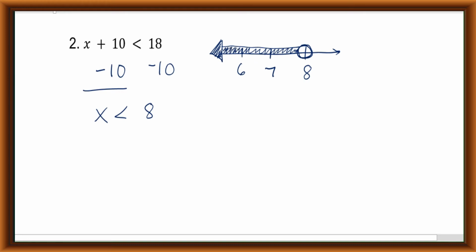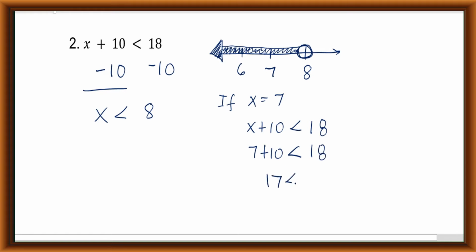This is the graph of the inequality. Now if we check, let x be equal to 7. From the inequality, x plus 10, is it less than 18? Substituting x equal to 7, 7 plus 10 is 17, and 17 is less than 18.